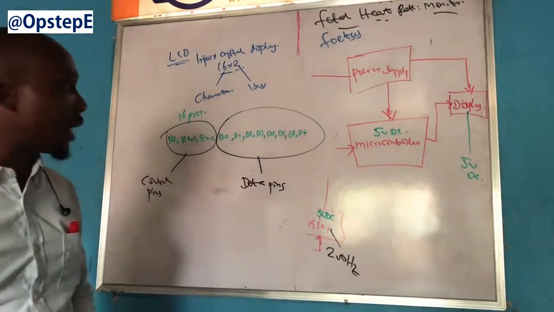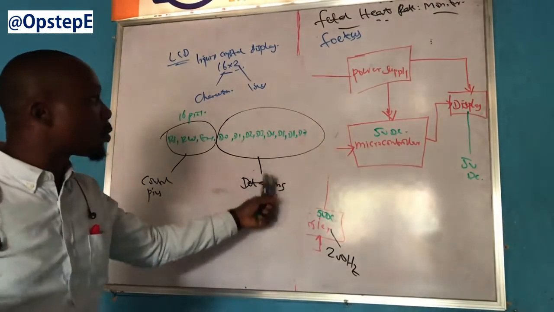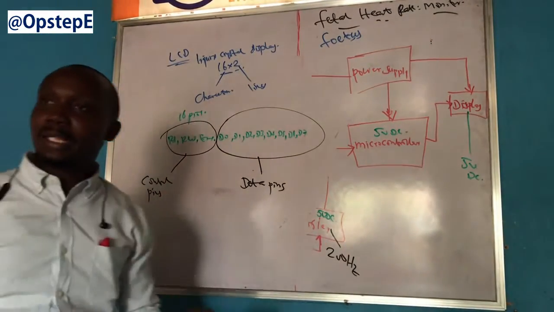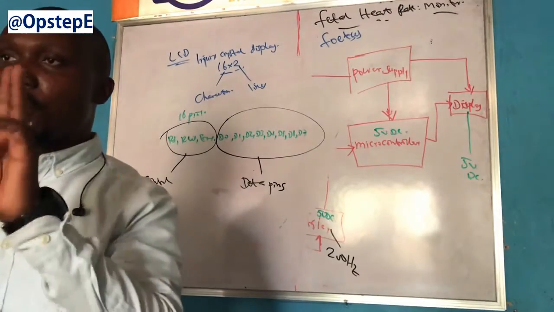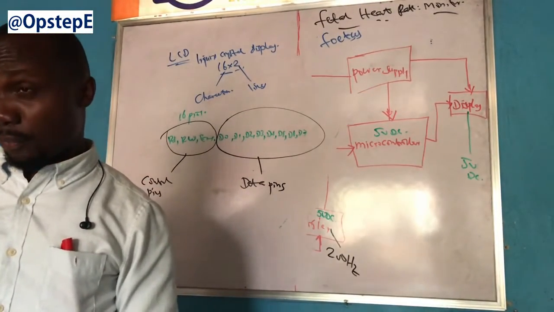What we do is that you can actually use just 4 of the data lines to drive the LCD from the microcontroller. See the 8 as parallel communication, and the 4 as half of the parallel. Are you following now?